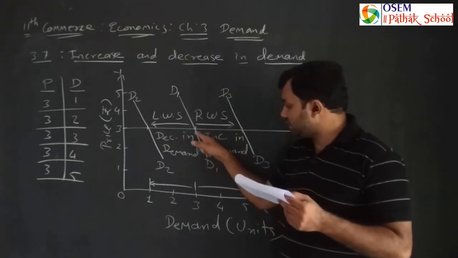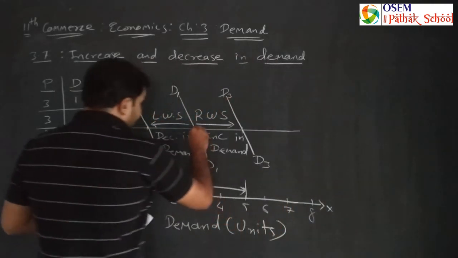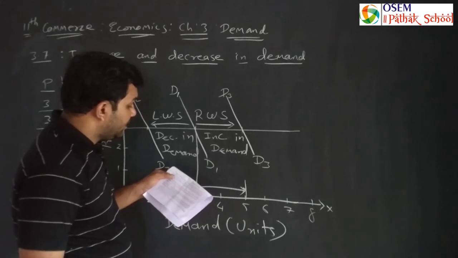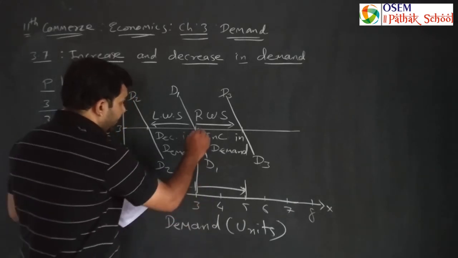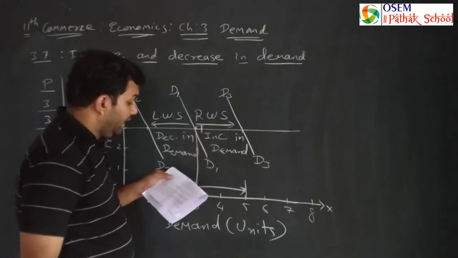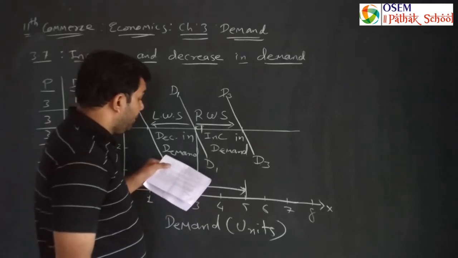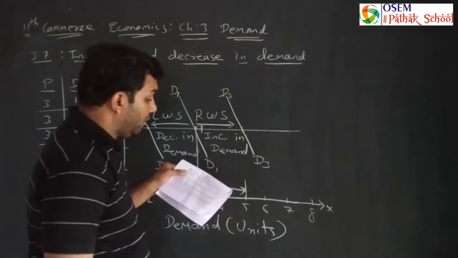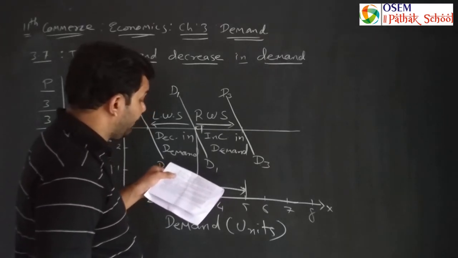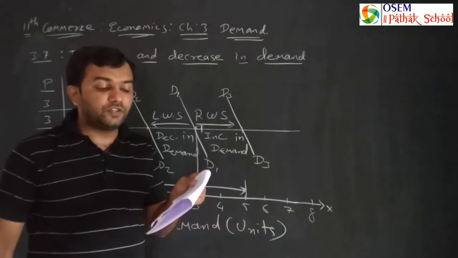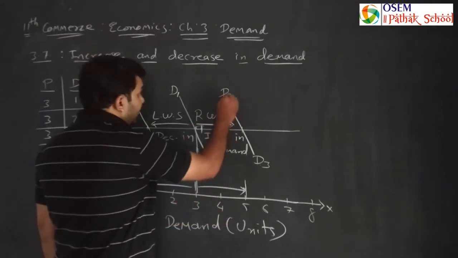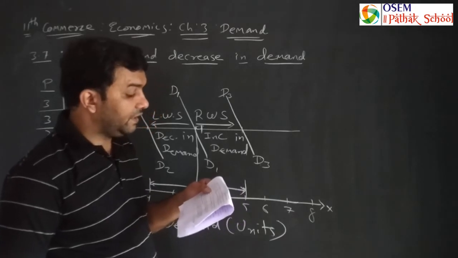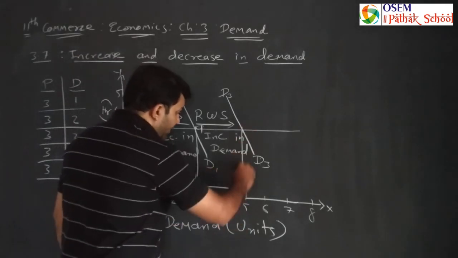Demand is 3 units. Here we can see that demand is 3 units. This is shown at point A. Here we can write point A on D1. When the price remains constant at rupees 3, and one or some of the other factors change in favor of demand, then the demand curve shifts to the right and becomes the D3 demand curve, where demand increases to 5 units.